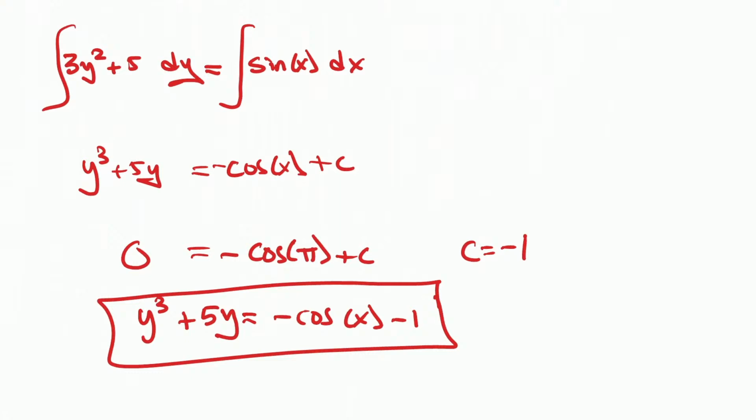Let me see what you got. What's wrong with that? You don't have to solve it for y. Is that what you're trying to do? Yeah, just put a box around that. It says if possible, give an explicit solution. You don't have to. I didn't.